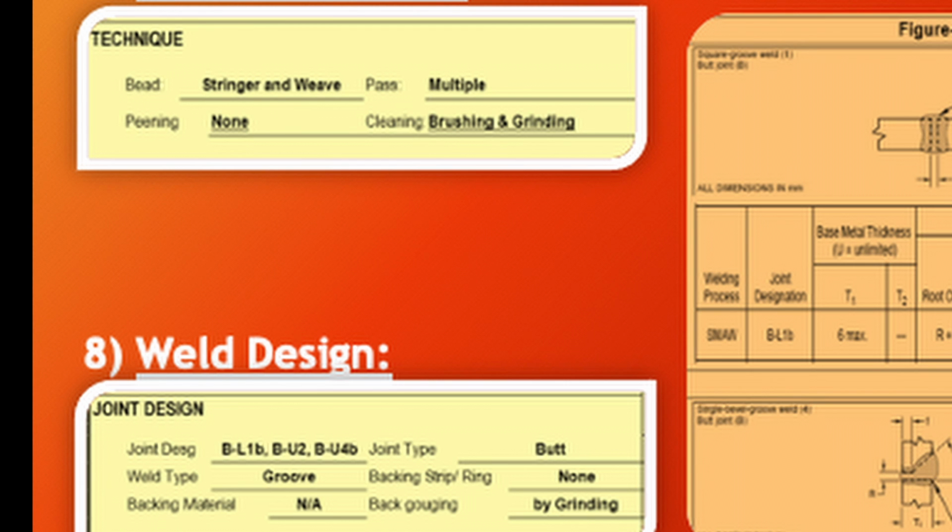Cleaning is brushing and grinding. Joint design is BL1B, BU2 and BU4B. Joint type butt, weld type groove, backing strip nothing required, backing material nothing required, and back gouging is by grinding before you weld the back side.